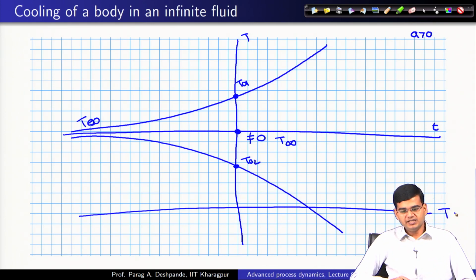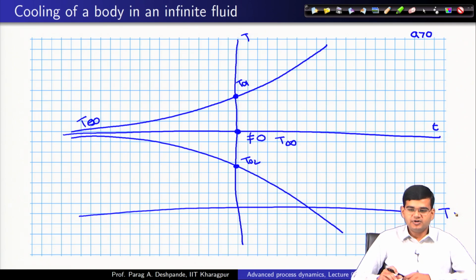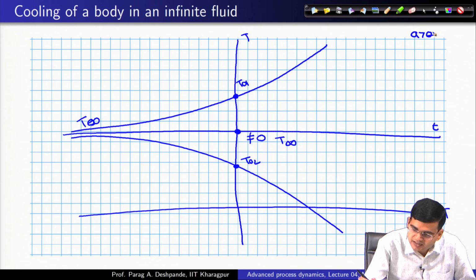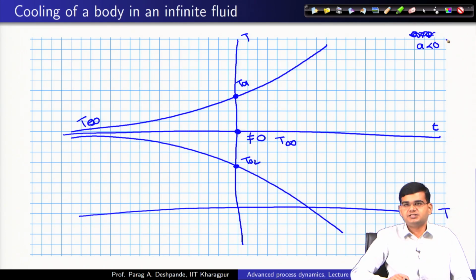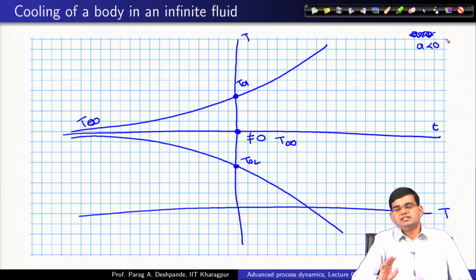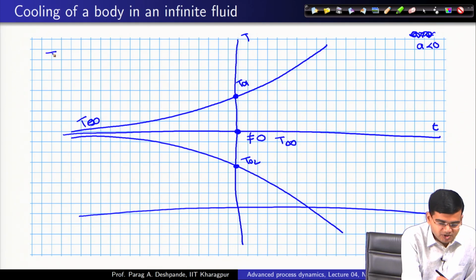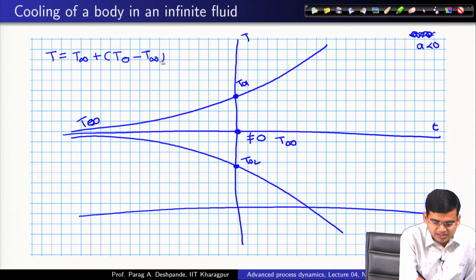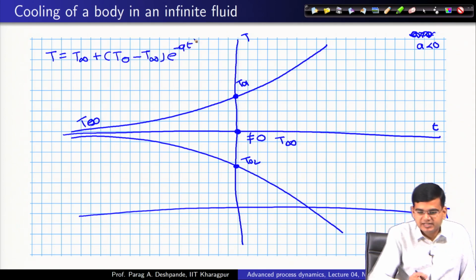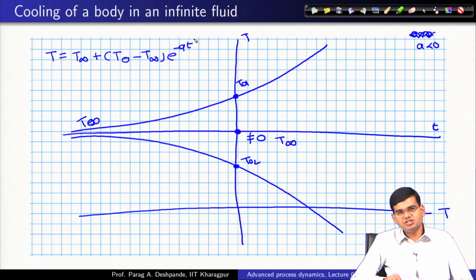So, now what do we see here? What we have seen here is that this has to be a less than 0. There is a correction there, a has to be less than 0. So, mathematically if there is a condition such that for the model equation T is equal to T infinity plus T 0 minus T infinity e to the power minus a t, such that a is less than 0, making the exponential positive, this will be the phase portrait.